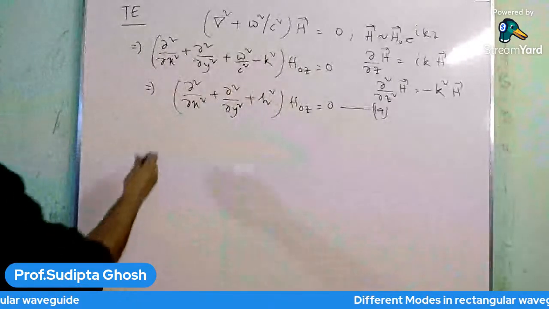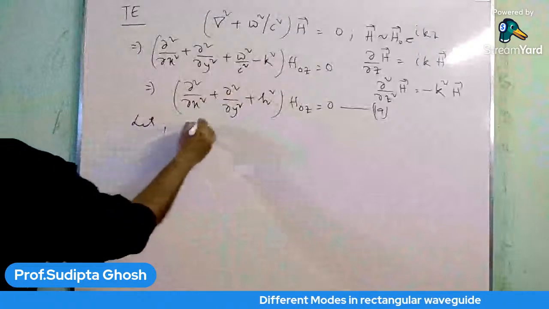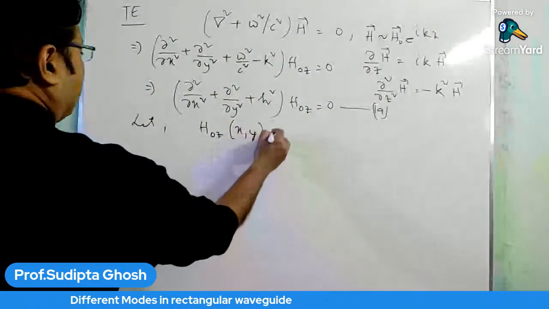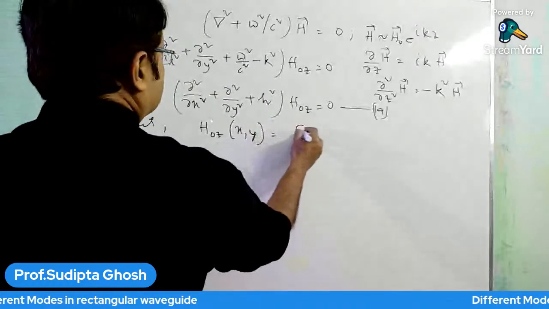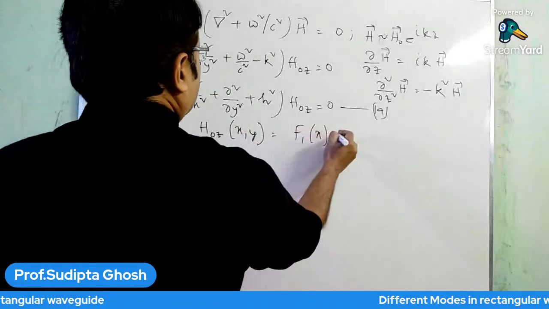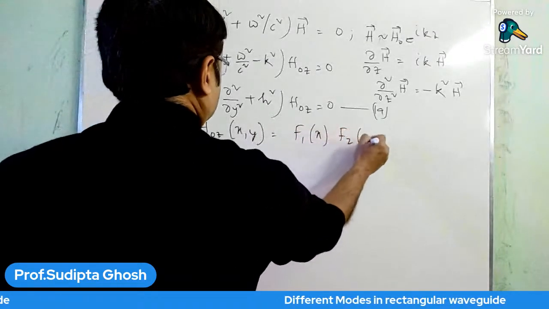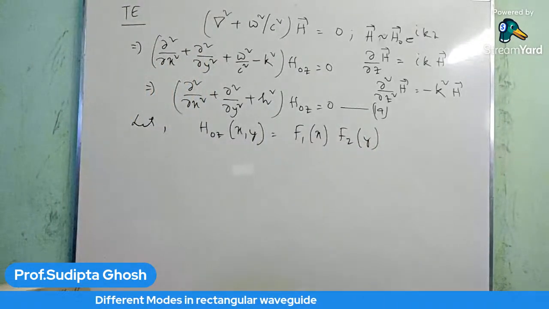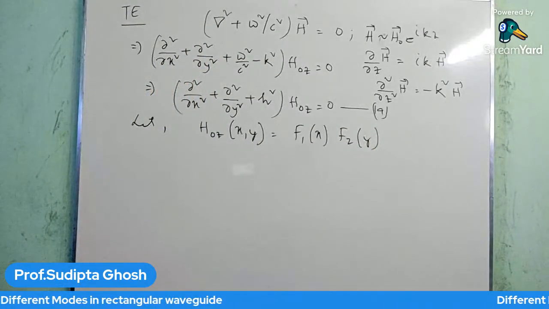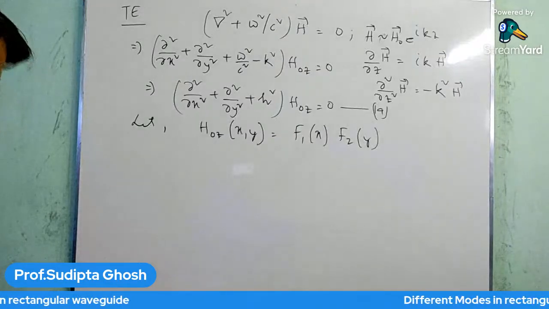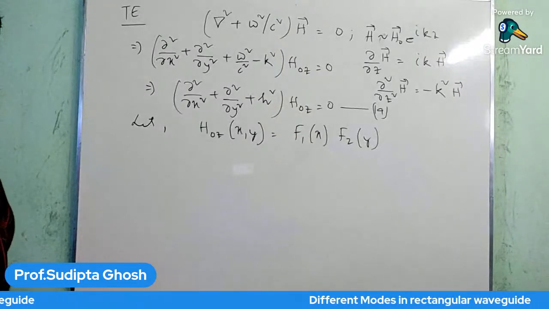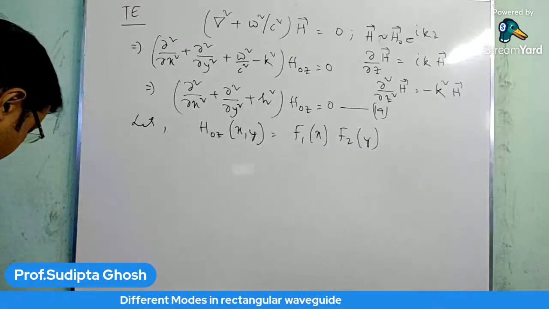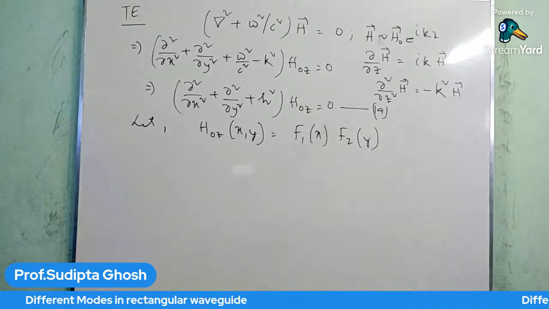So let HOZ, a function of x and y, be written as some function of x and some function of y, the product of f1x and f2y. As you know, this is the procedure for the separation of variables method, so I am going to use it here.